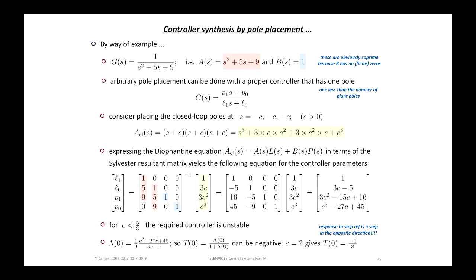Let's suppose that we're given this as our plant transfer function. Seems like a pretty benign system. It'll be stable. It'll have two poles in the left half plane. It'll have reasonable damping. The natural frequency here is square root of 9, which is 3.